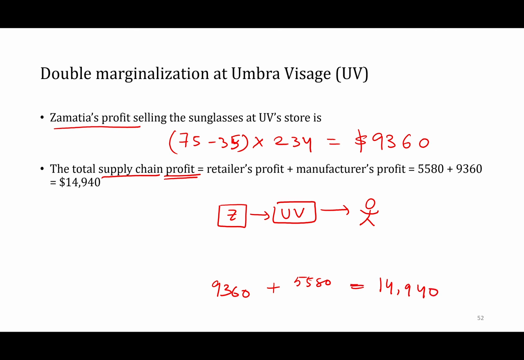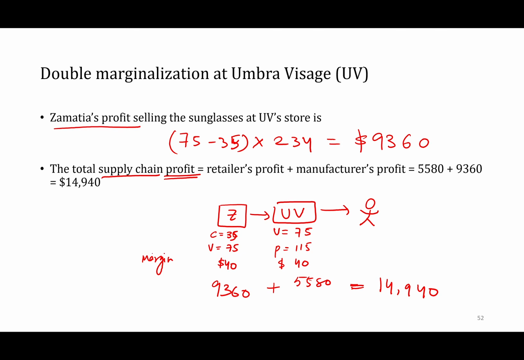And that's how much profit the supply chain is making. And then what are the margins for both of them? For Zematia, it costs 35 to make, they sell it at 75, so their margin is 40. UV purchases it at 75 and sells it at 115, so their margin is also $40. Now it doesn't have to be equal. In this case it turns out to be equal, but again it doesn't have to be.